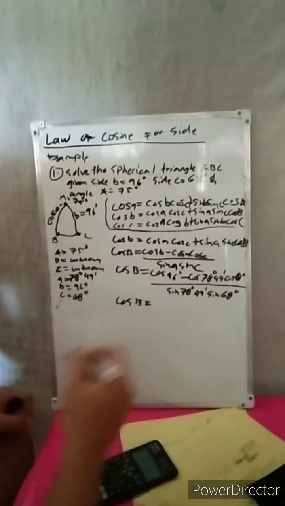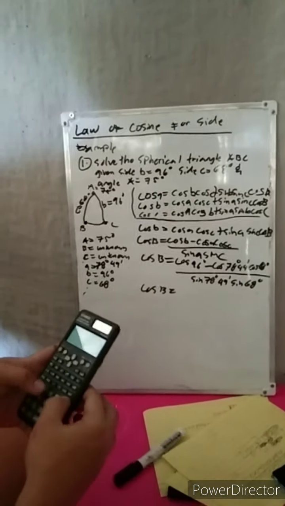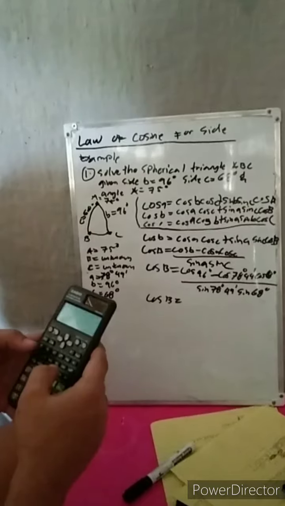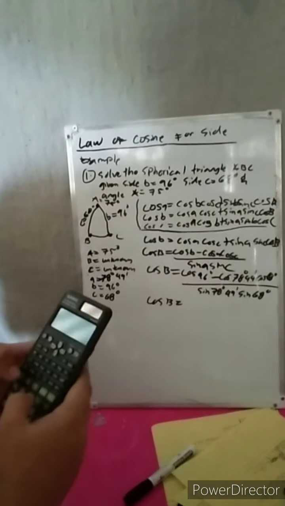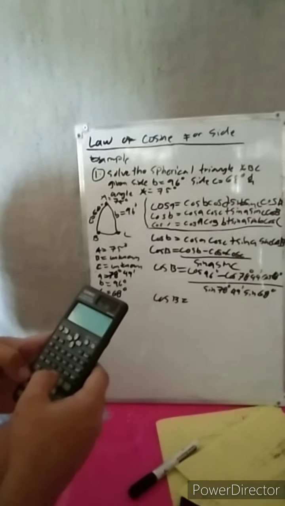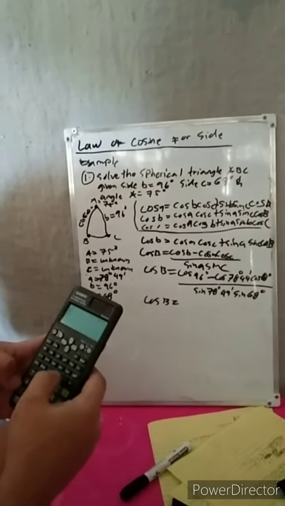Cosine B equals. The calculator should be in degree mode to get the correct answer.